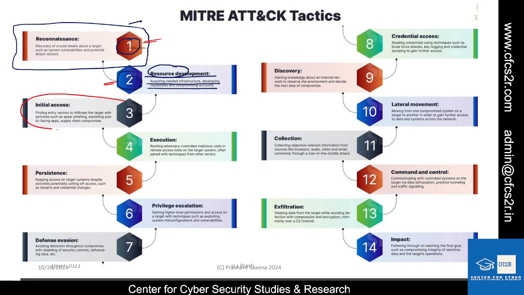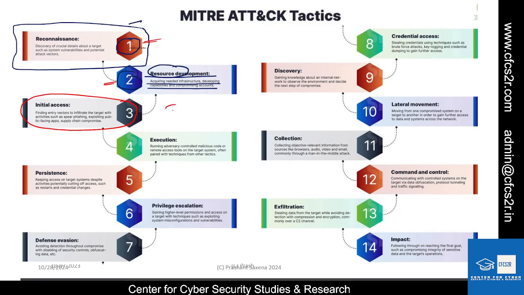Then we have initial access. The attacker tries to gain initial access to your organization, your IT and OT infrastructure. He will find an entry vector to infiltrate the target, like spear phishing. They can do smishing, vishing, or other similar attacks.